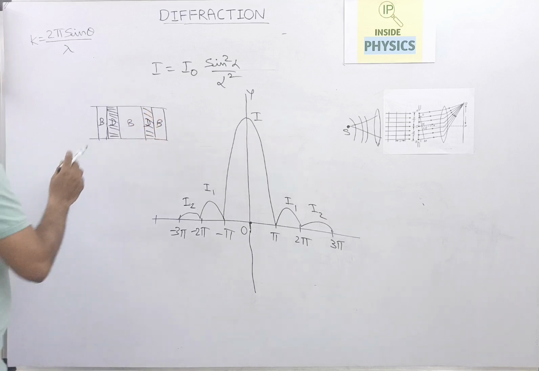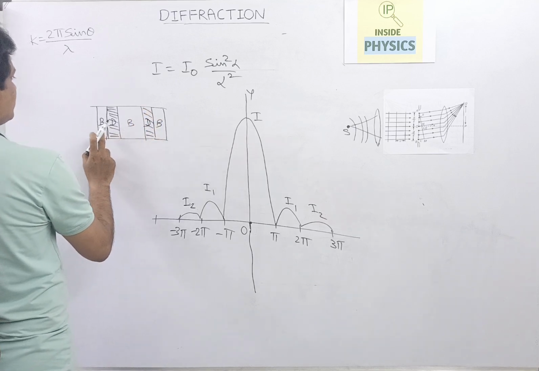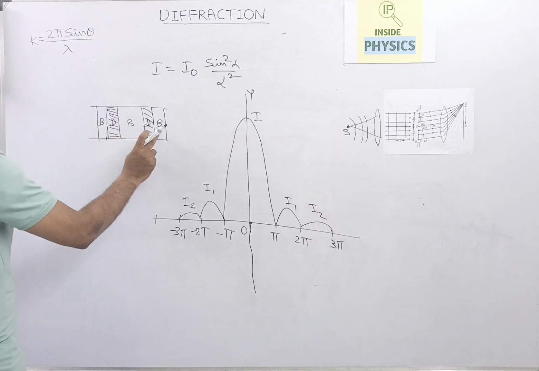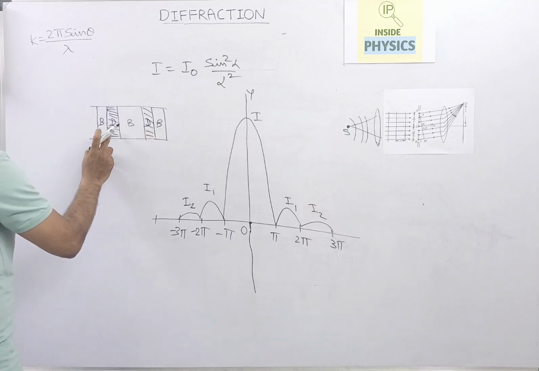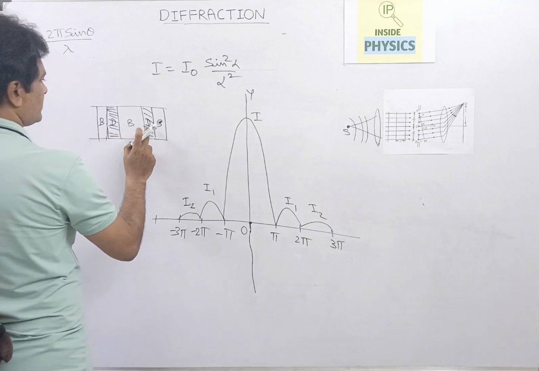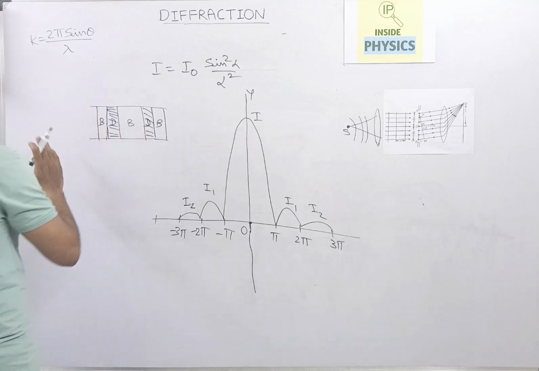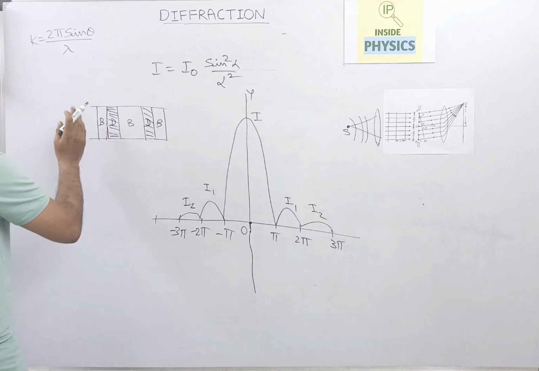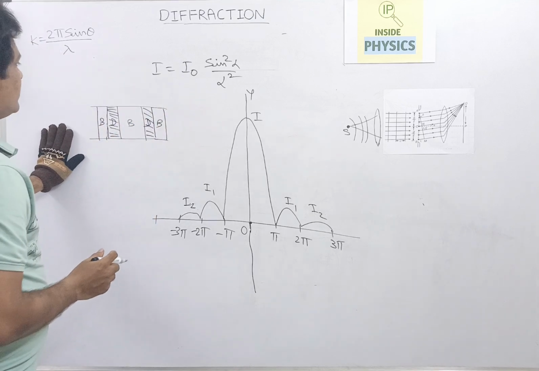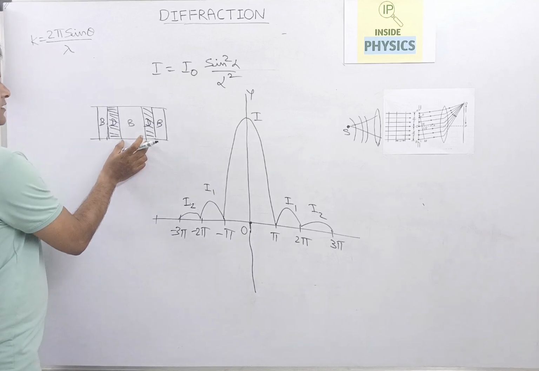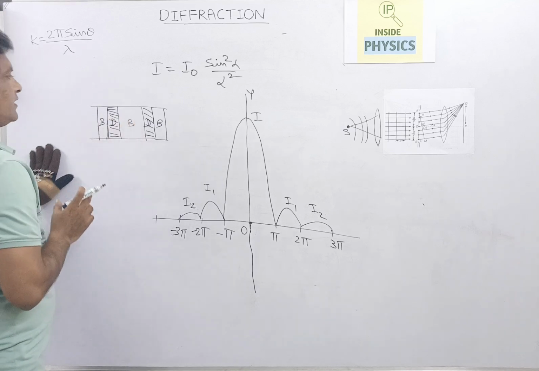So the central maximum, first order bright fringe, first order bright fringe, after that a first order dark spot, and it follows like that, second order bright and second order bright on the right side.